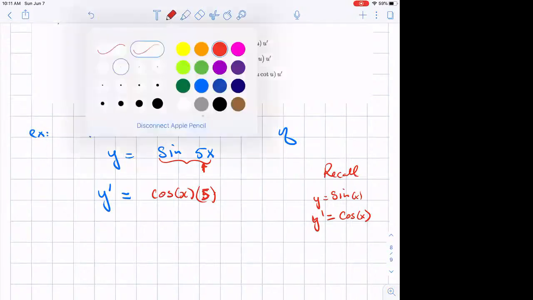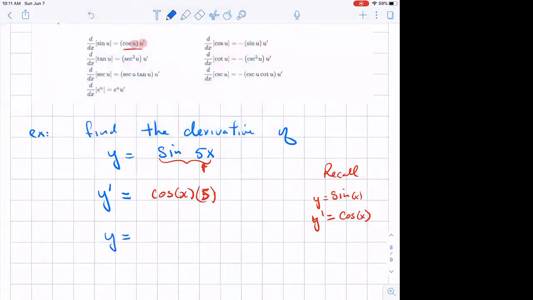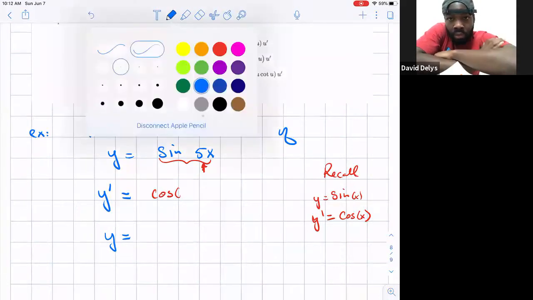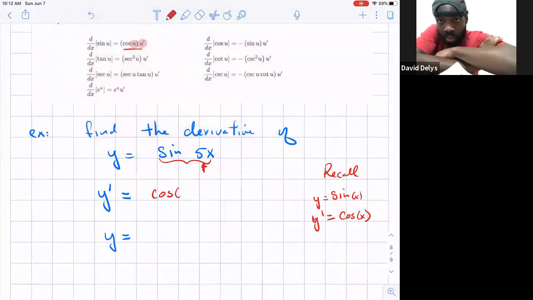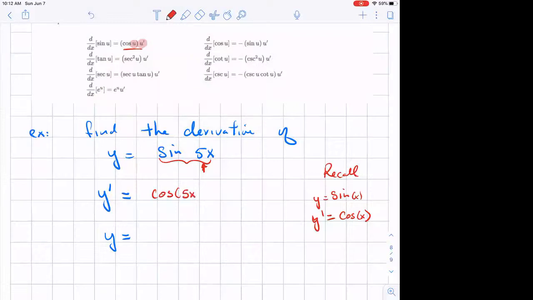So y prime becomes, oops, wait, there's a mistake here, guys. There's a mistake here. Cosine of 5x, I left out the 5, times the derivative of this now, which is 5. Okay.